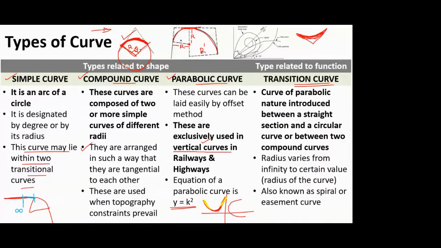Till here we had a straight track, so there is no curve, so the radius is infinity, and this radius changes gradually, and at this point where the simple curve starts, the radius will be R, which is equal to the radius of your simple curve.